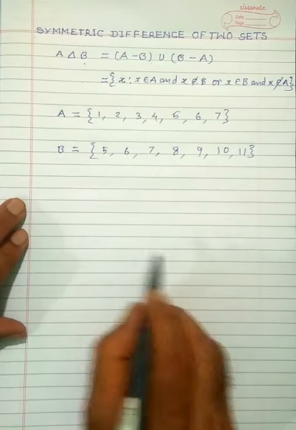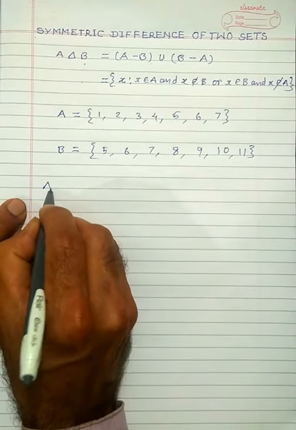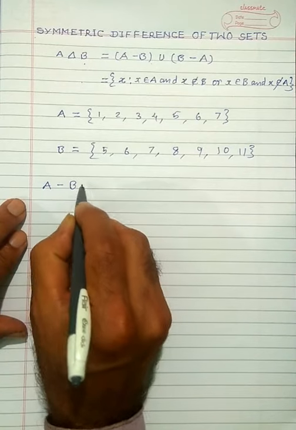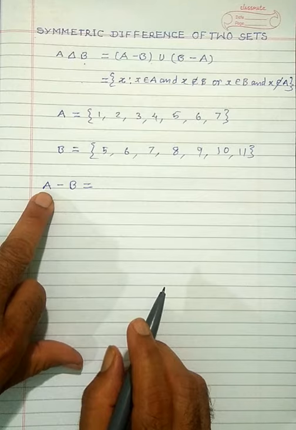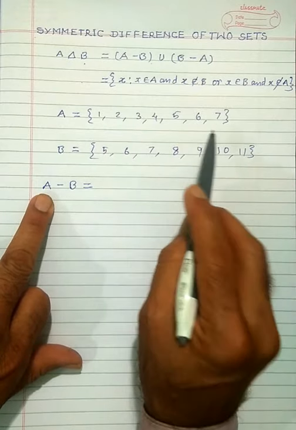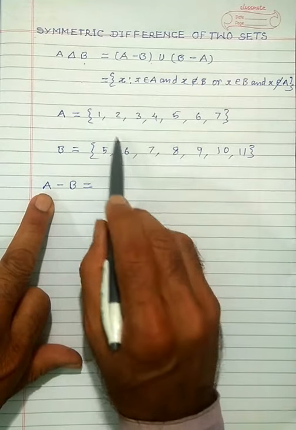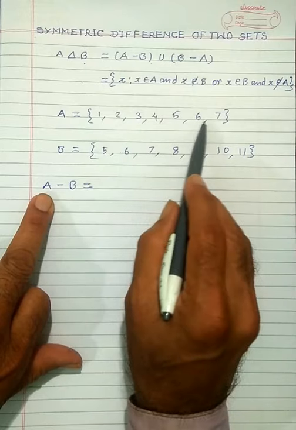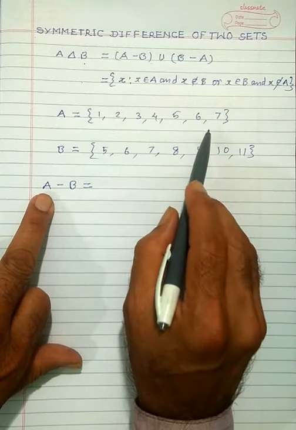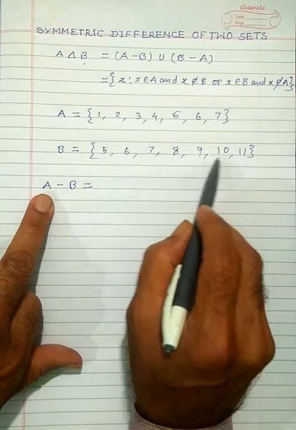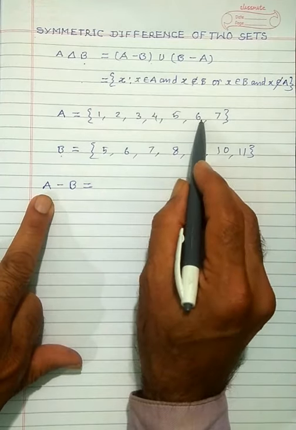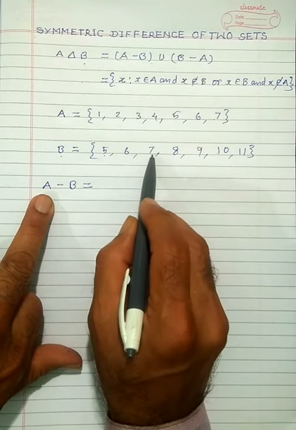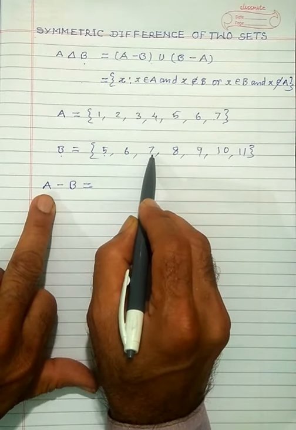Then first we will find the difference of A and B. A minus B is the set of all those elements of A which are not in B. You can see that 1, 2, 3, 4, 5, 6 and 7 are elements of A, and 5, 6, 7, 8, 9, 10 and 11 are elements of B. Then 5, 6, 7 are common in both.